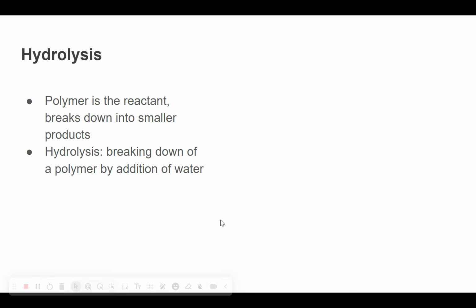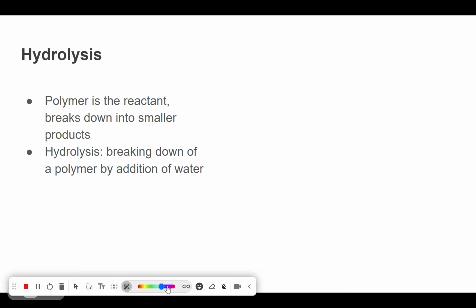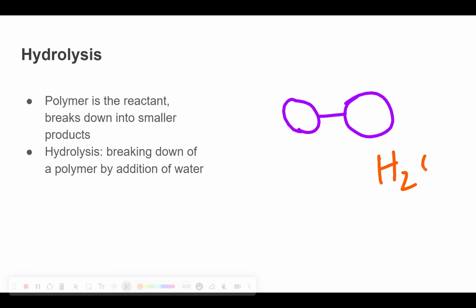So in a hydrolysis reaction, you have the polymer as the reactant. So you have the big molecule with the water off to the side.